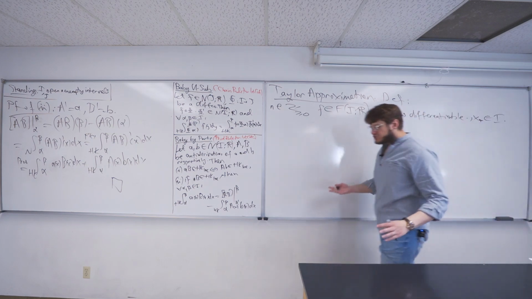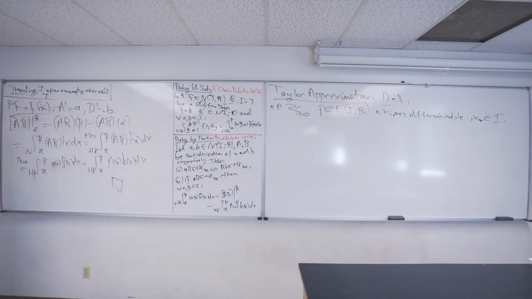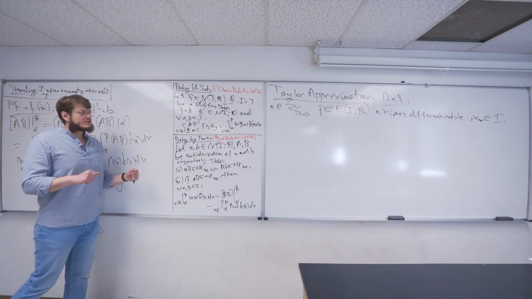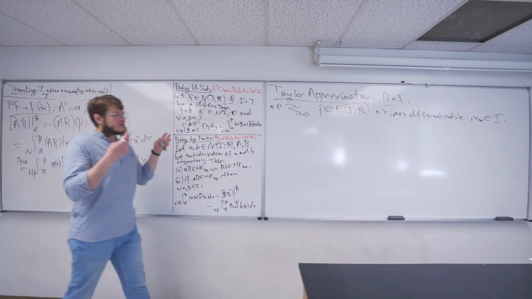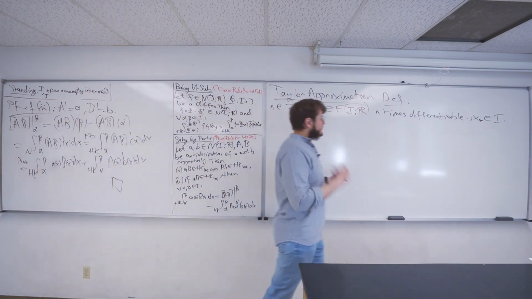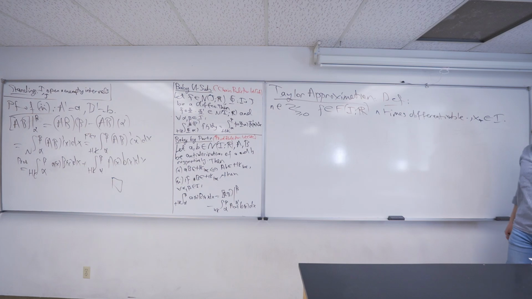Then I want to associate to this lowercase f a polynomial. We in fact did this even for 1 times differentiable functions. In the case of once differentiable functions, we associated to f at x star a degree 1 polynomial, which was f of x star plus f prime of x star times something. I want to do something like that, but using also the higher order derivatives.